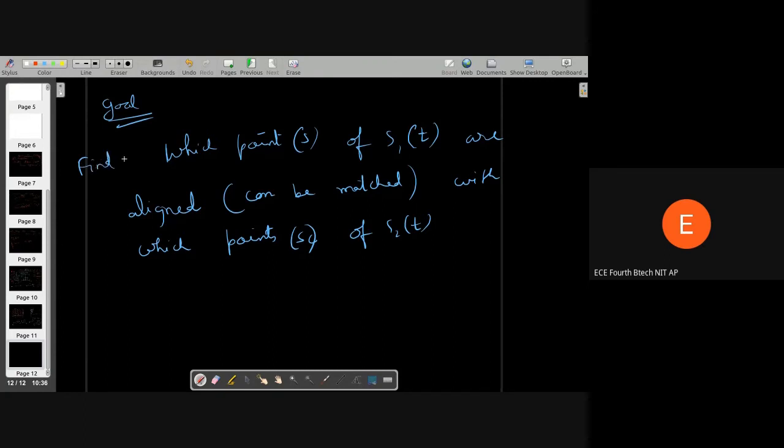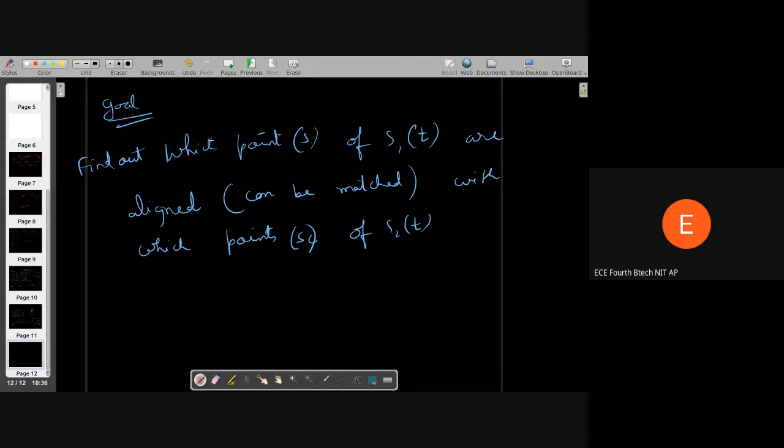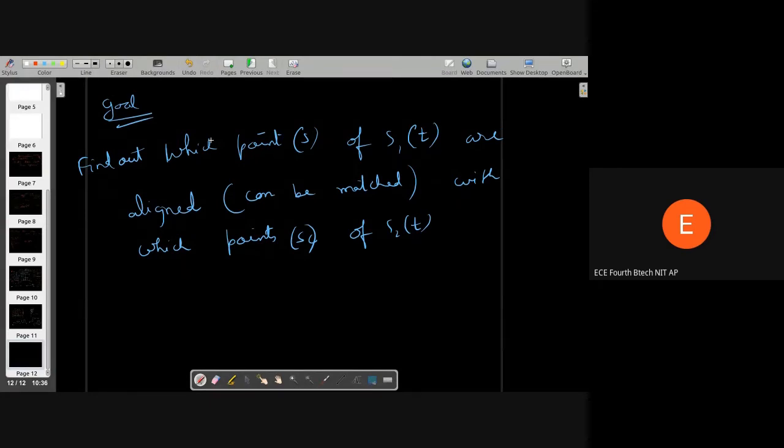Find out which points of S1t are aligned or can be matched with which points of S2t. That is the goal.